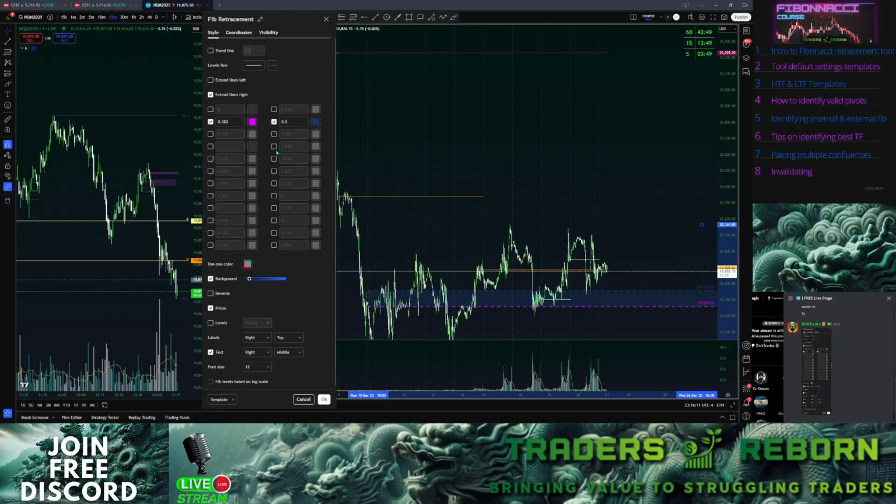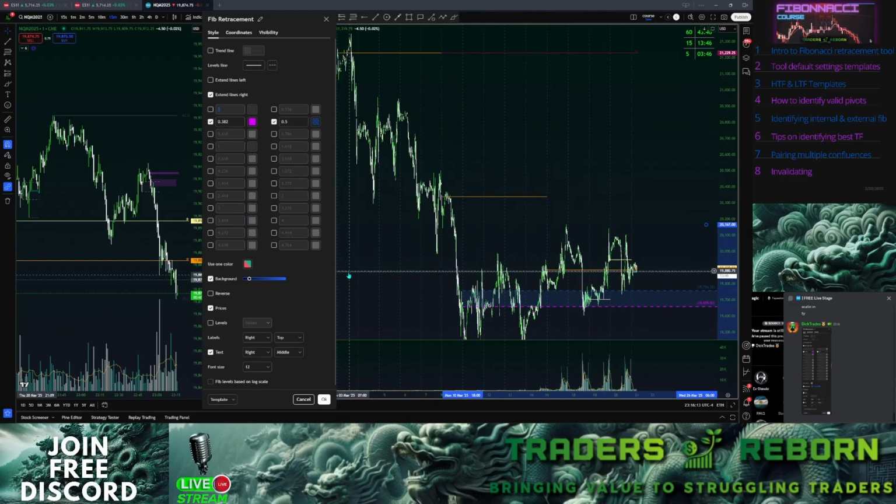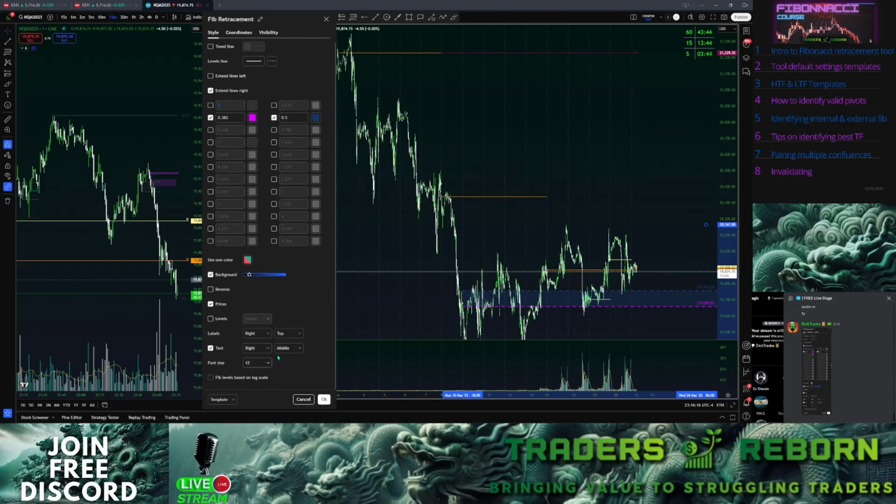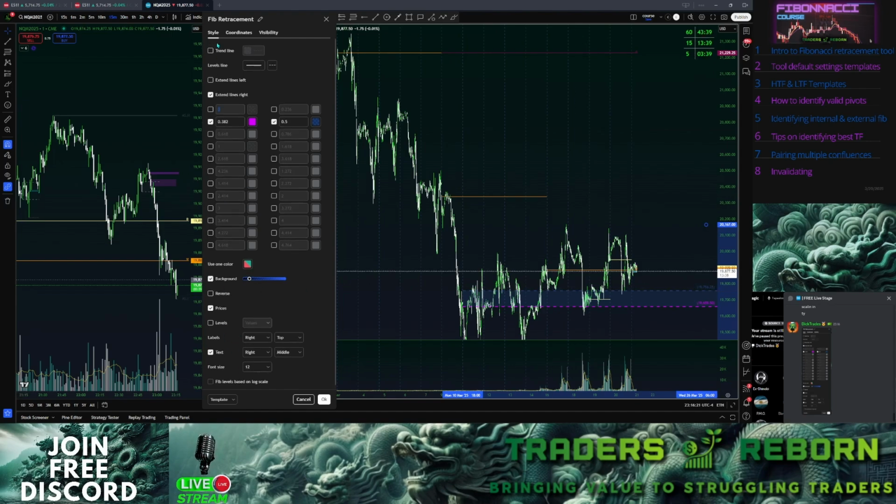Sometimes I do have the 0 and the 100 so that I can see where I'm drawing it. Then I extend it to the right, extend line to the right. Whatever style and color you like is up to you. I've always done mine baby blue and purple. That's how I like it.